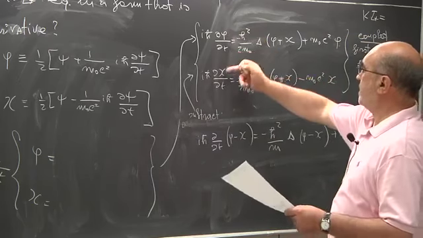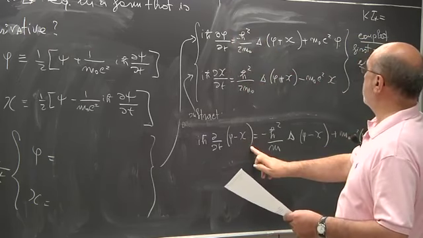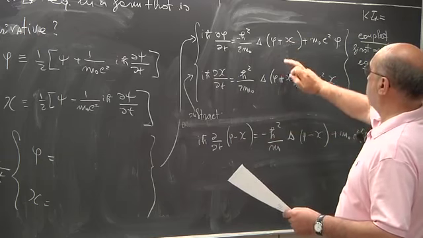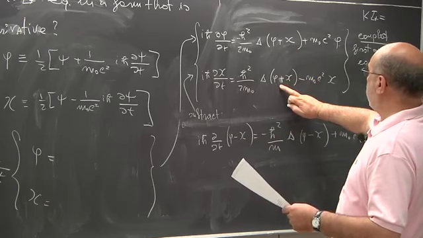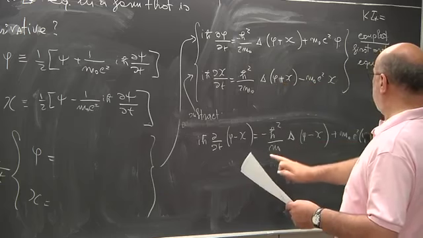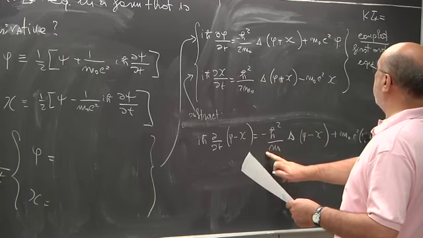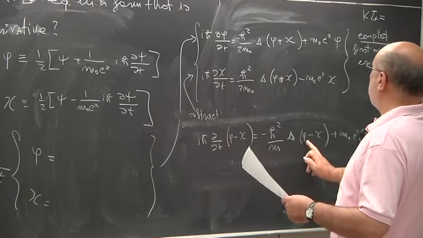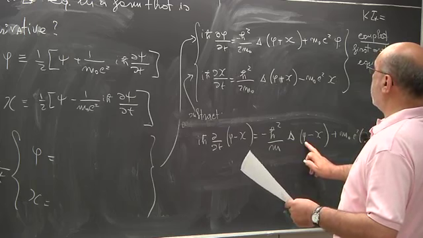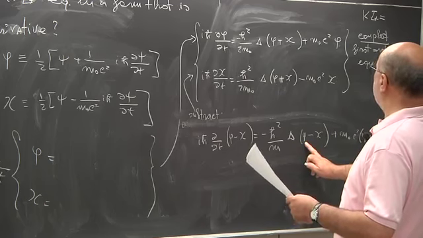I have subtracted the two, so I got this piece. And then I get a 2 that cancels these two in the denominator. And if I subtract, I should get away a chi.